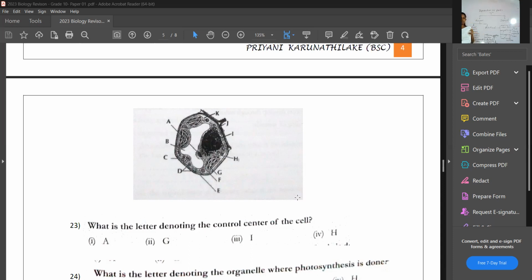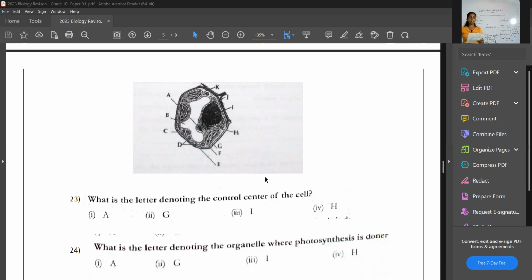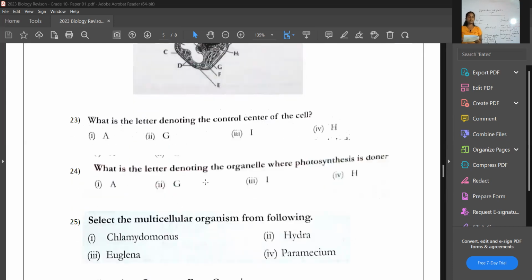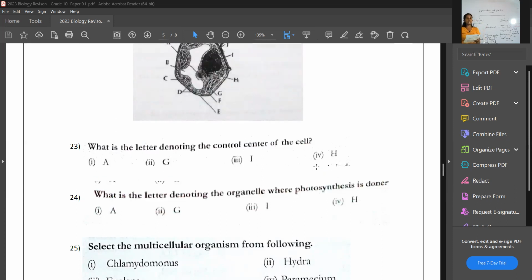Question number 23. What is the letter denoting the control center? Control center means the nucleus, Pute. Right? Here the nucleus is denoted by the letter I. Right? I, third answer. What is the letter denoting the organelle where photosynthesis is done?